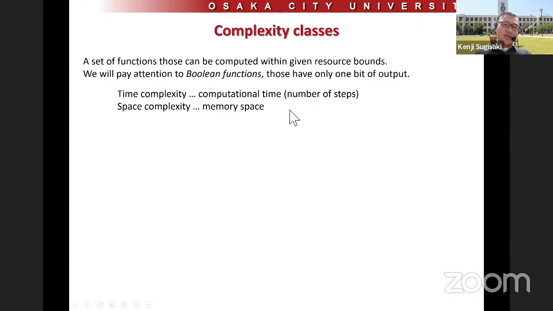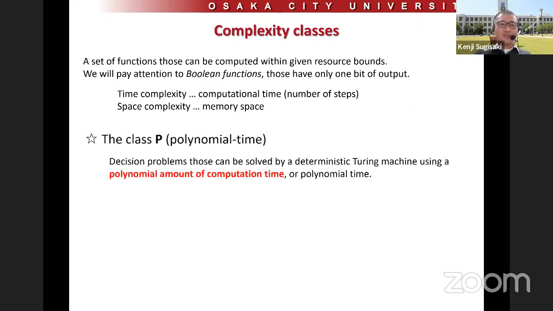In order to discuss computational complexity, we will pay attention to Boolean functions, which have only one bit of output. So the output is either yes or no, or 1 or 0, or true or false. And the first complexity class is class P. P means polynomial time.